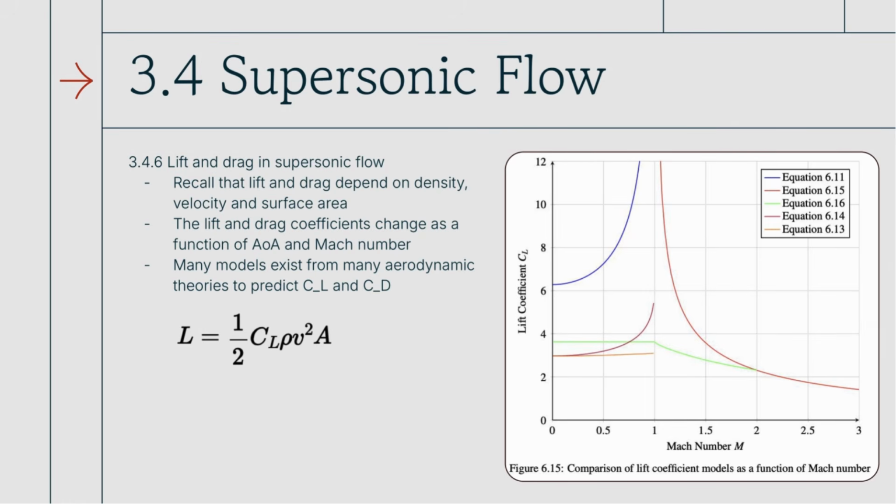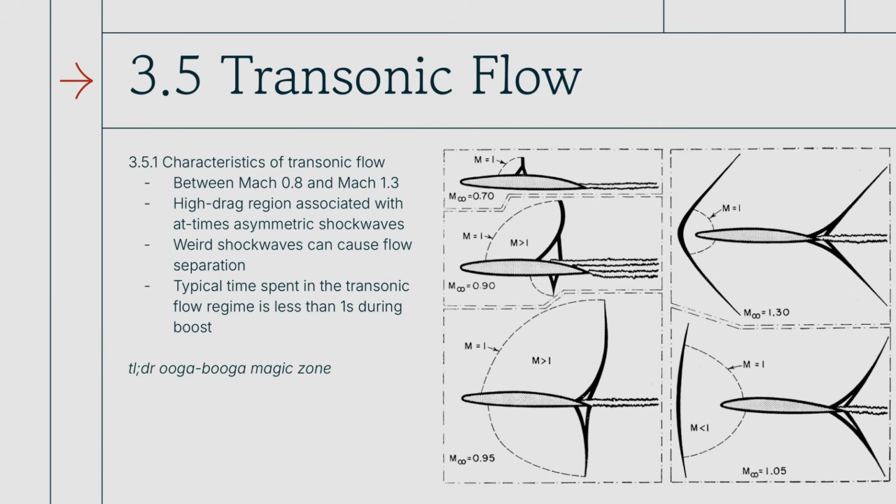And the reason it depends is because, as we'll talk about, in the transonic area, so we're talking about this Mach region between 0.8 and Mach equals 1.3, you get a lot of drag and a lot of weird things going on because you can basically get formation of a shock wave on one side of your airfoil.